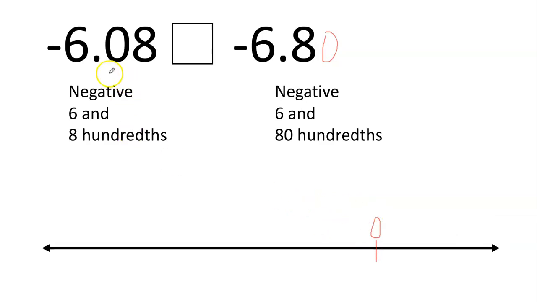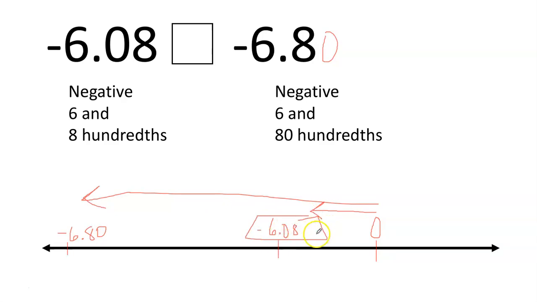So -6.08 is not going to be as far to the left as this larger negative. So a greater amount of negatives is going to be further to the left. So that means that since this is closer to 0, it's closer to the positives, it's larger. So we would write a greater than symbol here.